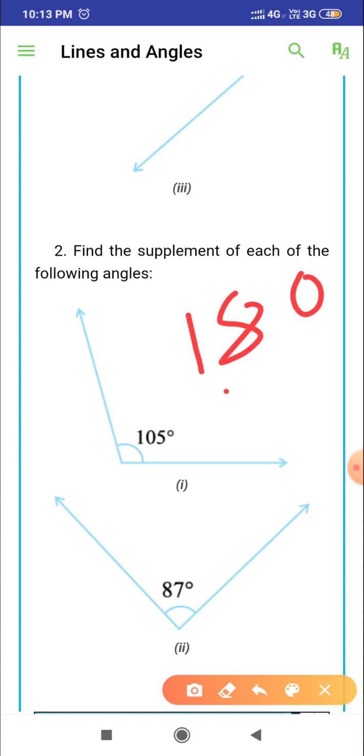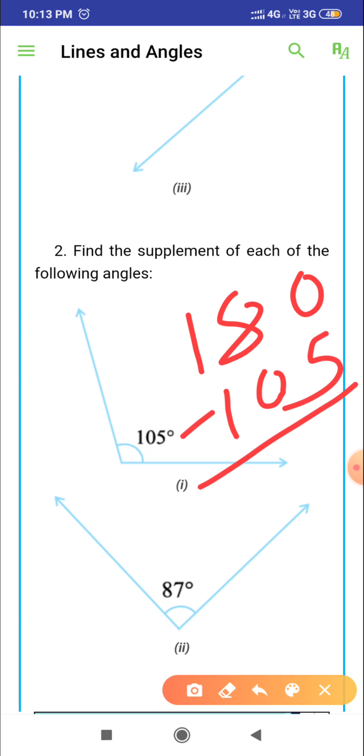So 180 degrees minus 105: 10 minus 5 is 5, 7 minus 0 is 7, 1 minus 1 is 0. So the supplement of 105 degrees is 75 degrees.